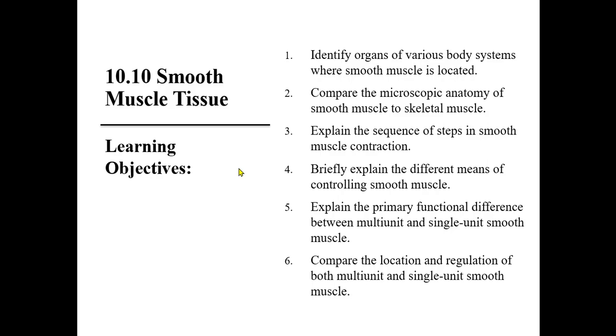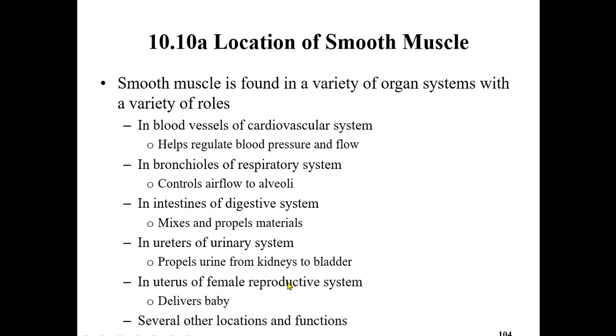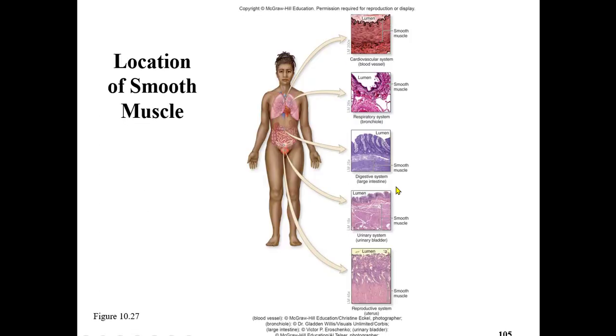Your urinary tract also has smooth muscles. These are the examples I called out, and they're on the slide as well: blood vessels, airways in your lungs, your intestines, your urinary system, and your reproductive system, for example the uterus when delivering a baby. These are all smooth muscles.